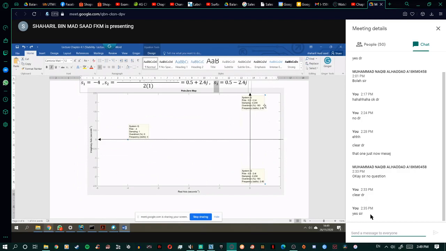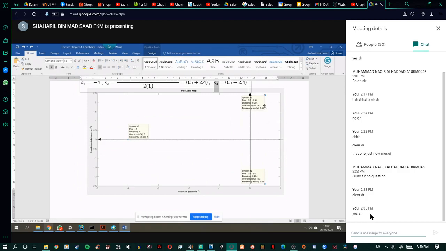Then how about this one? Stable or not? Okay. If your roots are located on the imaginary axis, it is what we call marginally stable, right?